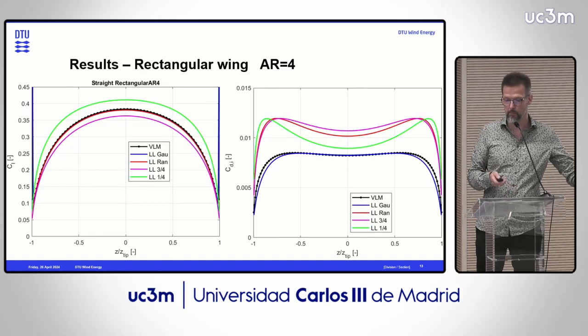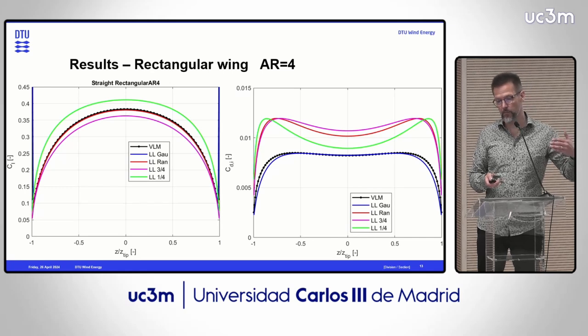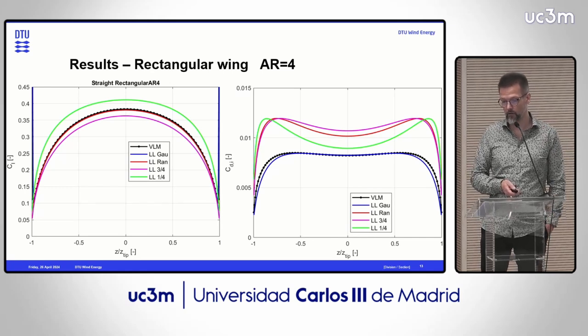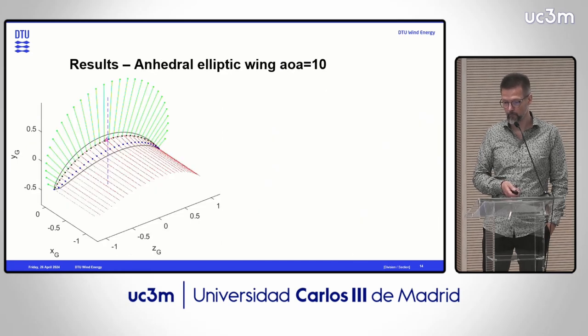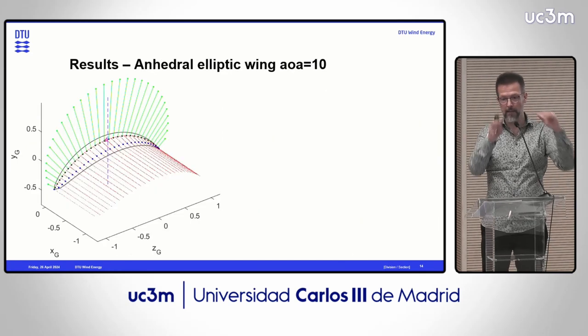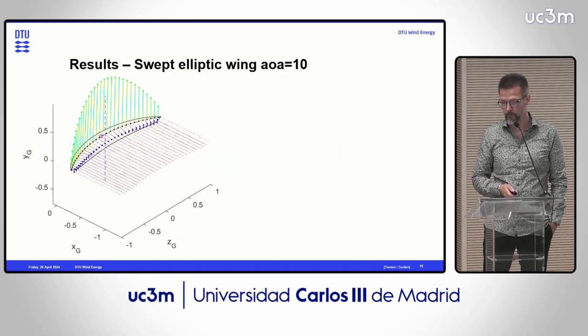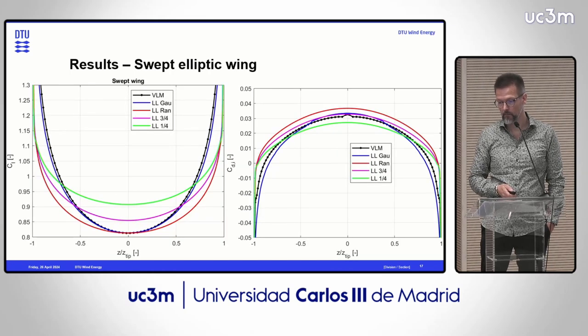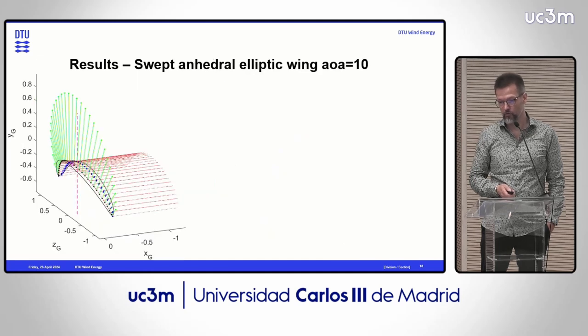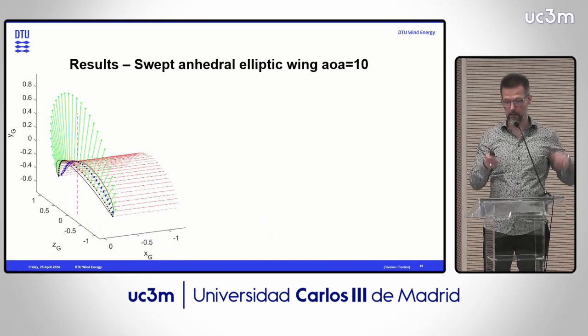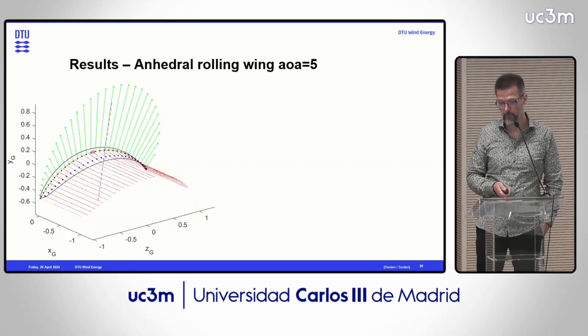And when you can't see the blue curve in the left curve, it is because it's completely on top of the black one. And heel drill, now you start bending stuff. Still it performs reasonably well. You sweep it, it performs well. You sweep and heel drill at the same time, it performs well.